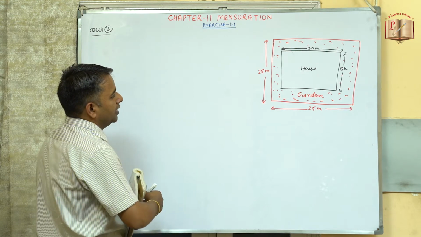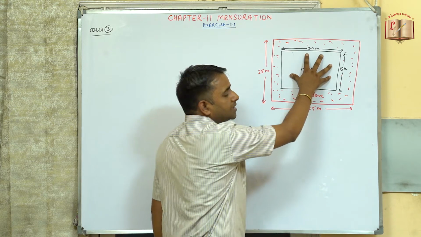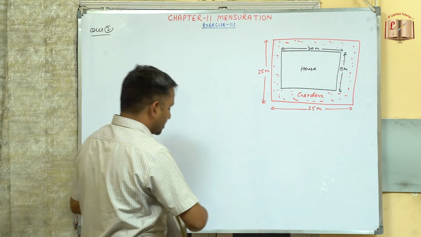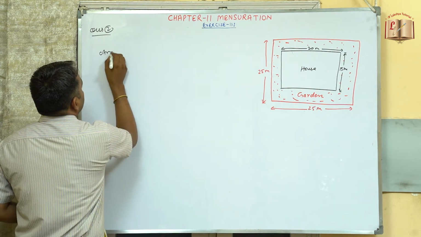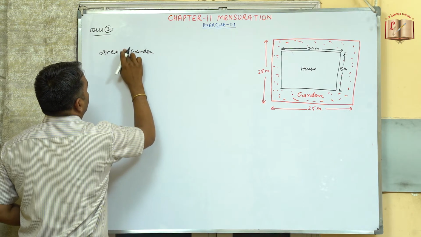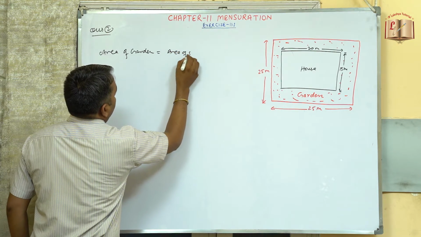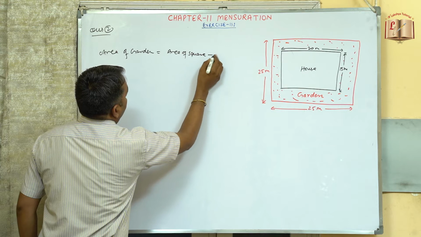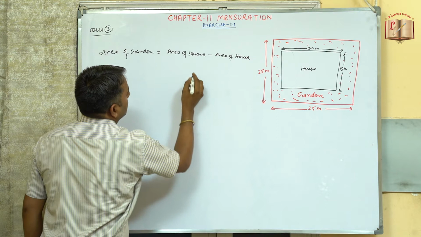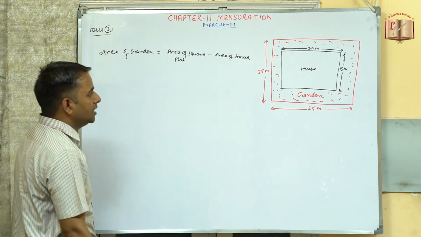So area of garden will be now area of this square plot minus area of this house. So that will give you the area of this garden. So first of all we will find out the area. So area of garden is equals to area of square plot minus area of the house.